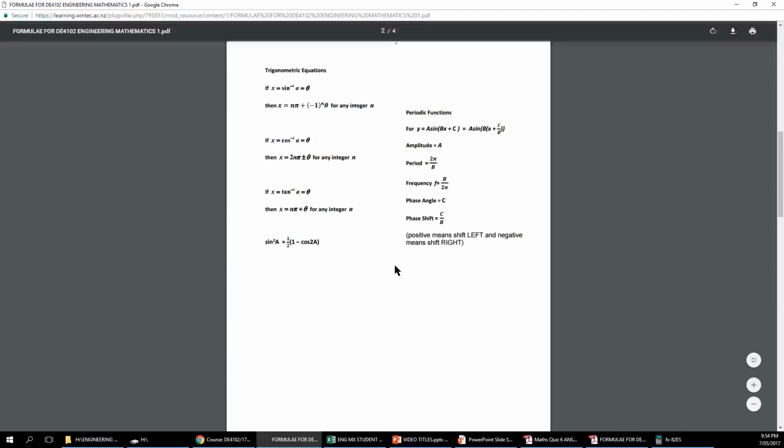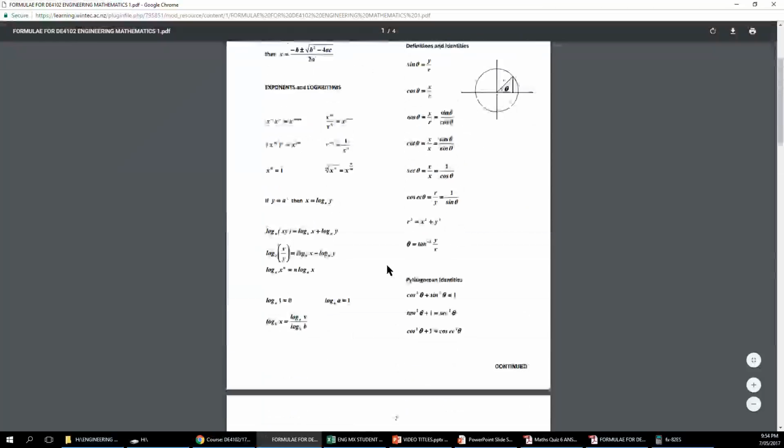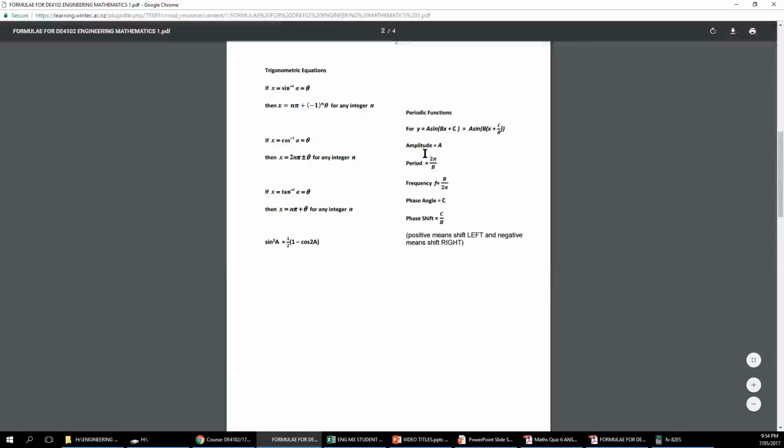And it tells us here that if we have an equation in this form, A sine bx plus c, and so on and so on, that A is the amplitude. So that tells us that that value there is the amplitude in that sort of situation.